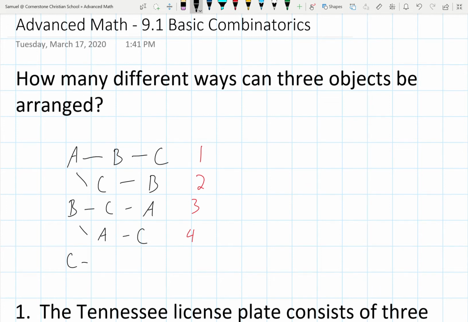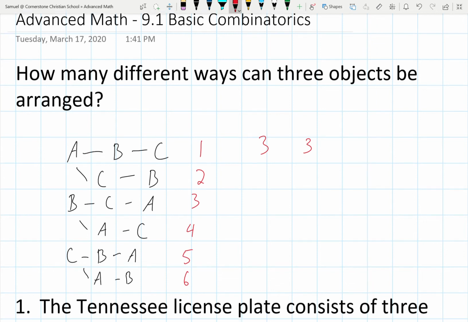Lastly, choosing C first, I can either go with B and then A, or A and then B. And so in the end, we started with three things and arranged them in six different ways. Okay, and so this is what we're taking a look at today, arranging objects in different arrangements.